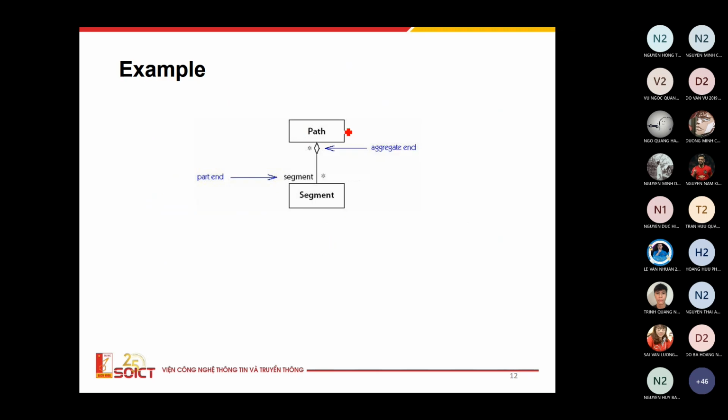Okay. For example, you can see this illustration. What do you have here? Here you have one object which is part and one which is segment. Okay, you have one part, and the part is the combination of some segments.